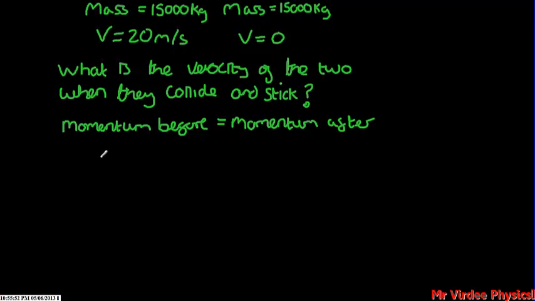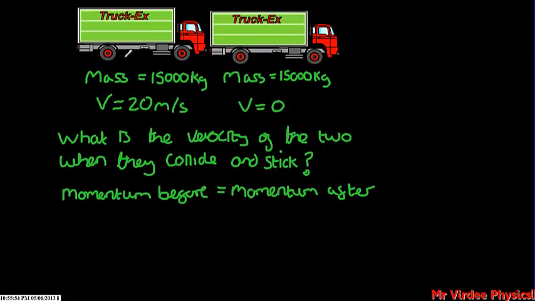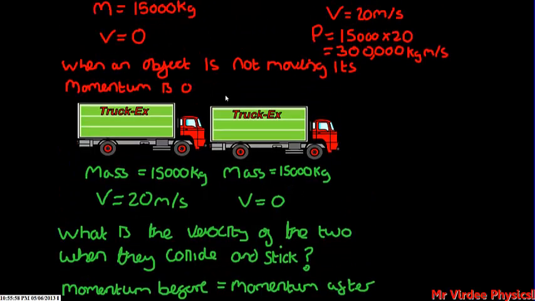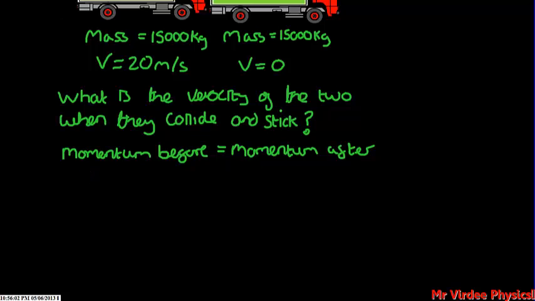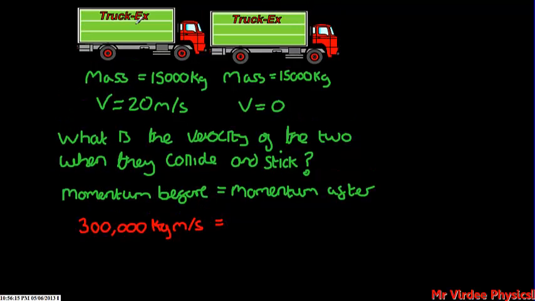The momentum before is pretty simple to work out. This one is the only one that has momentum because that one's not moving, so the momentum before is simply 300,000 kilogram meters per second. The momentum after is going to be the mass of both of them together times their combined velocity, which is what we want to find.